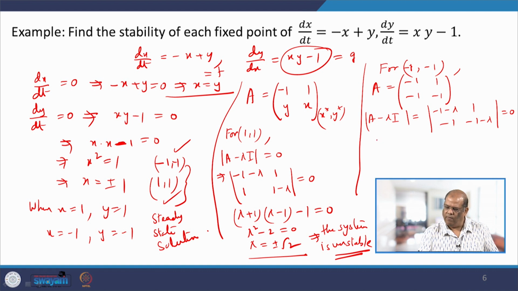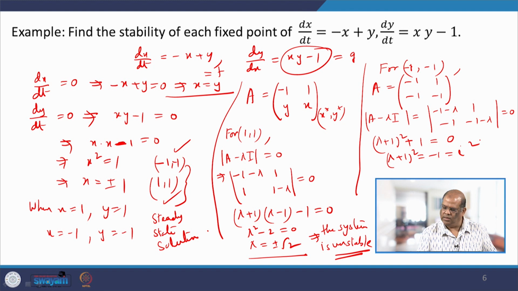So, we have lambda plus 1 whole square plus 1 equal to 0. In that case, you get lambda plus 1 square equal to minus 1, we write this as i square, and your lambda is minus 1 plus minus i.